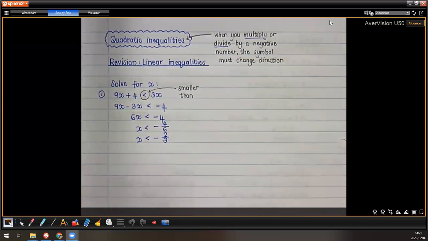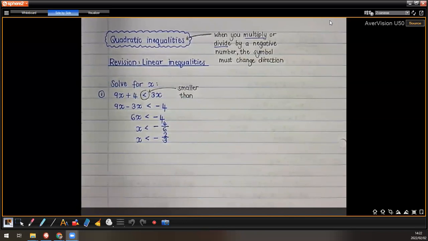Can someone think of an example of any number that's smaller than negative 2/3? Negative 4, maybe not a fraction. Negative 4 over 5 might be, but fractions are a bit complicated. What about just negative 4? Isn't negative 4 smaller than negative 2/3? What about negative 10?